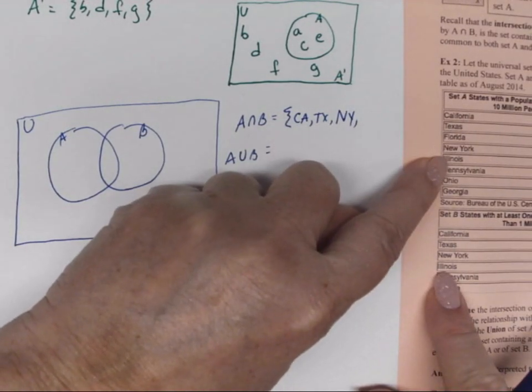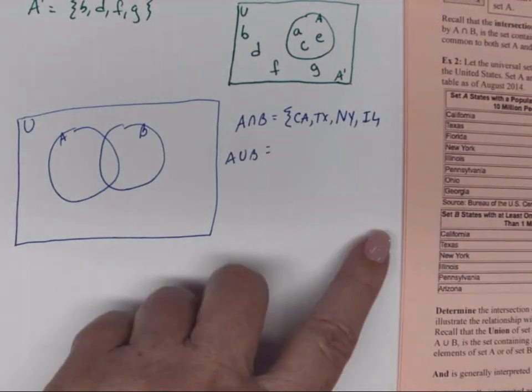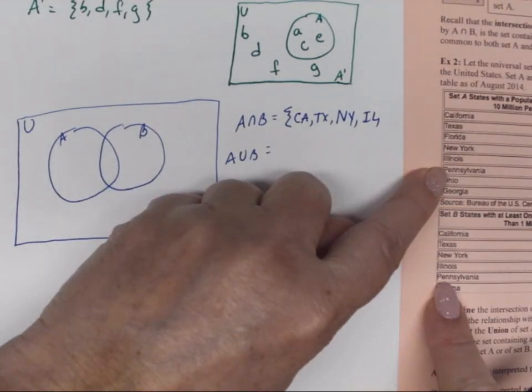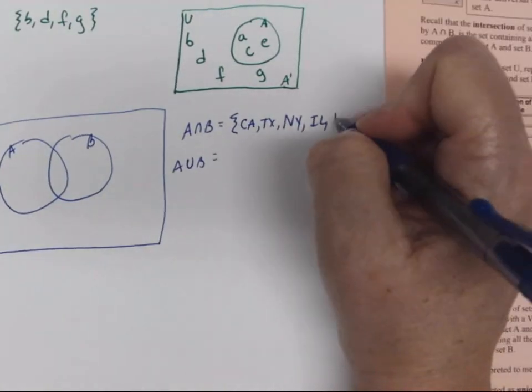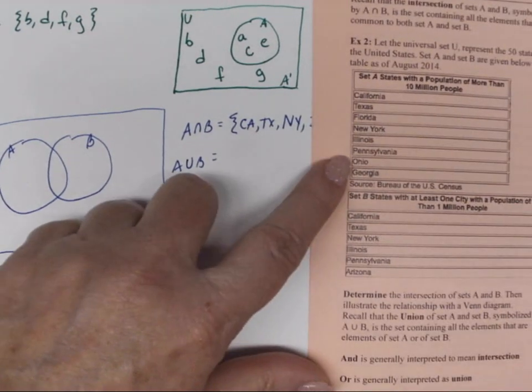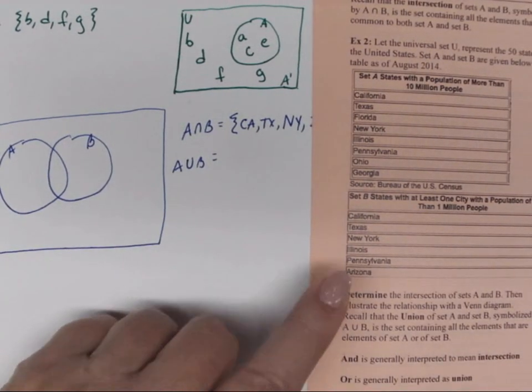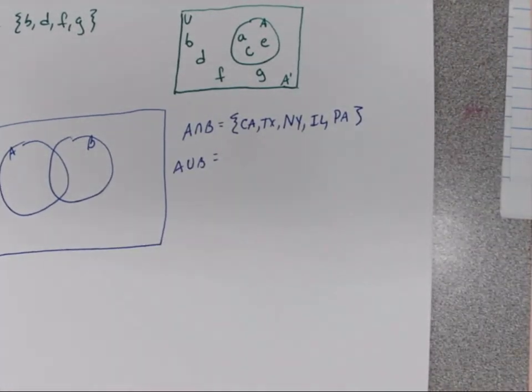They both have Illinois, that's going to be IL. They both have Pennsylvania, that's PA. And looking at the rest, they have Ohio and Georgia here and Arizona there, so they don't have anything else in common. All right, so that's the intersection.